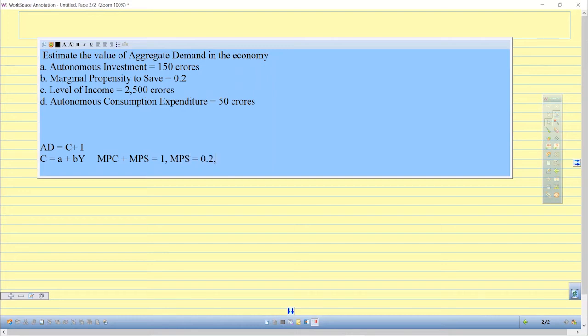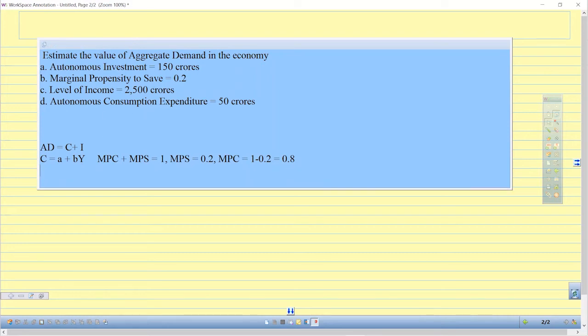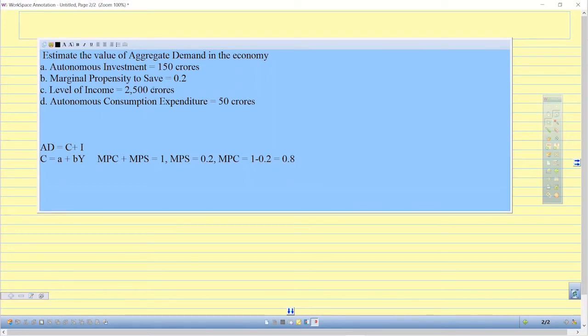So MPC is equal to 1 minus 0.2, that is equal to 0.8. So B is arrived at with the help of MPS. Then Y, level of income, is also given. So now we are ready to solve the question.